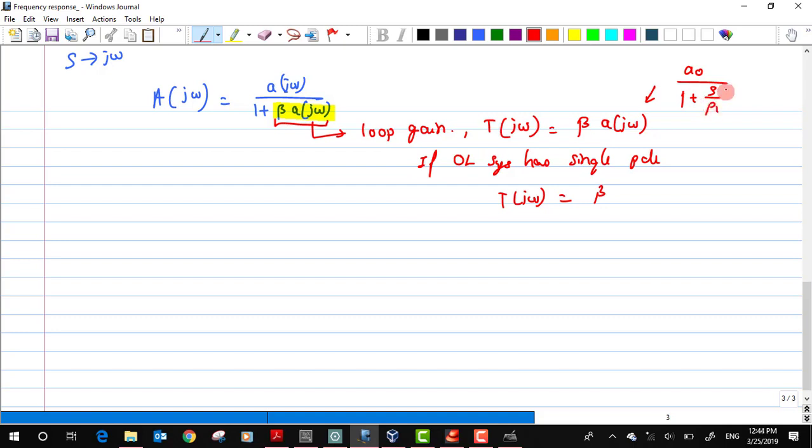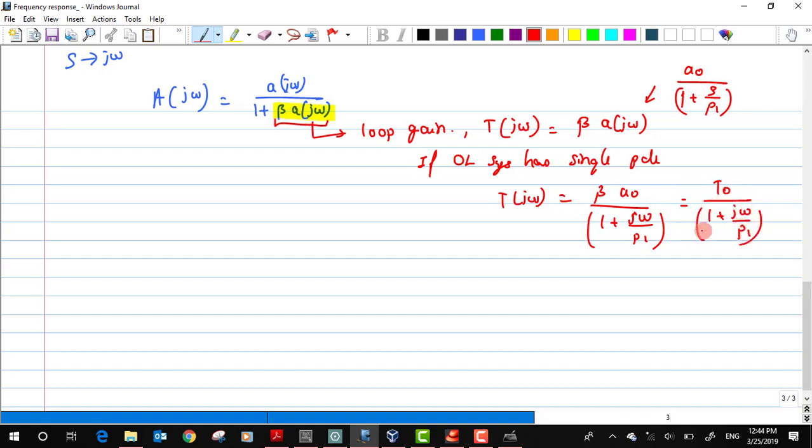Here I have this P1. When I plug in, in the place of s I replace with j omega, and I can visually see that the product of beta times a naught is again a DC quantity, so I can label it T naught.